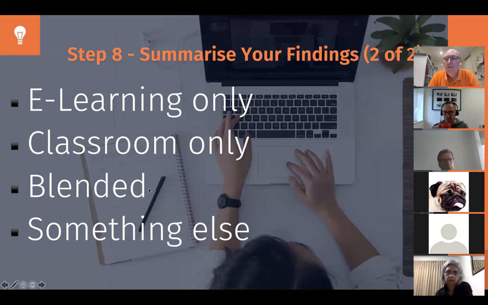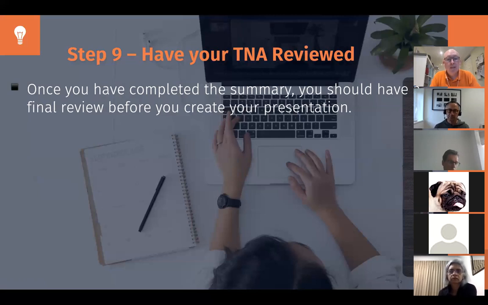Blended, that's fashionable at the moment. So you probably preload them with some e-learning, you bring them to an event, or you run an online event, to get them energized into learning that particular subject, but they've got the e-learning to go back to. Or it could be a completely different solution. It all depends on what comes out of your TNA.